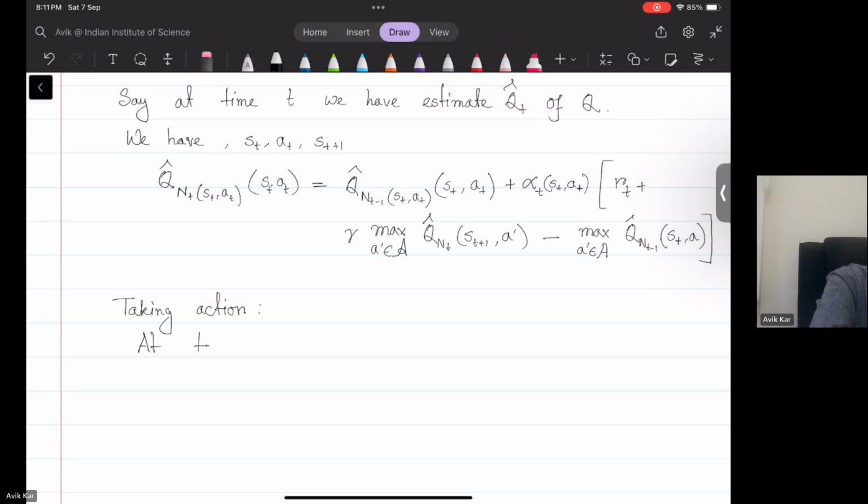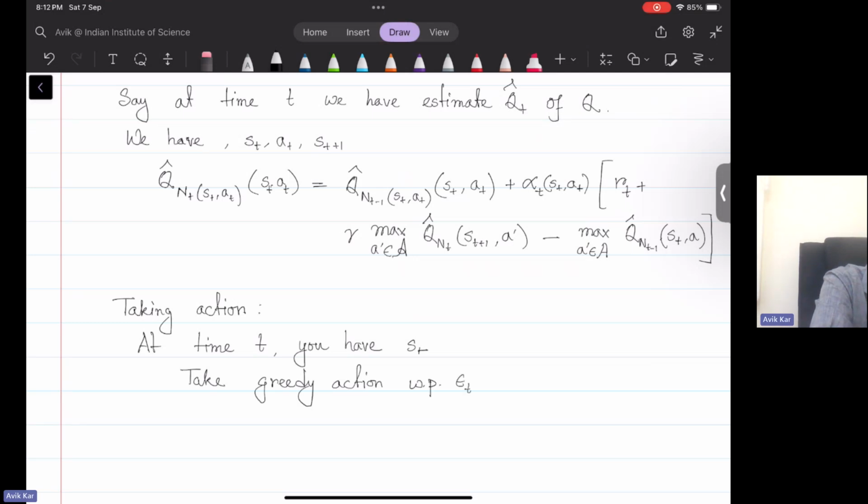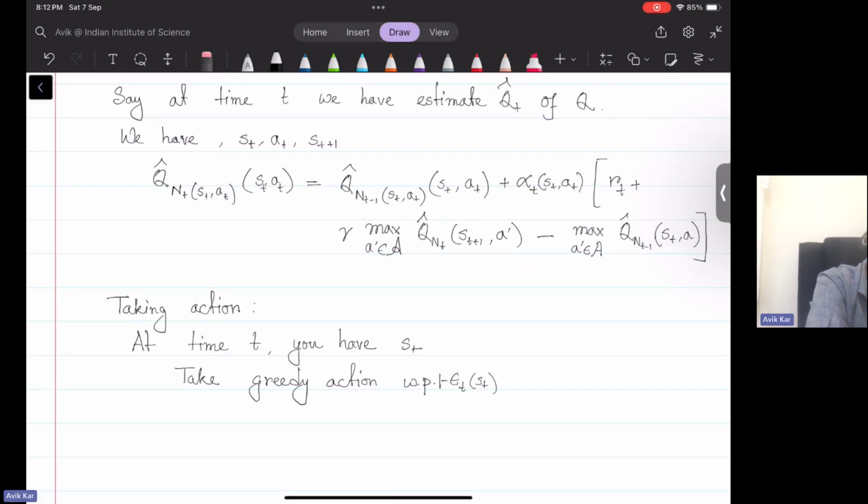At time t, you have state s_t, and then you take the greedy action with probability, some function of time and could also be a function of state, epsilon_t(s_t), or better to write 1 minus epsilon_t(s_t).